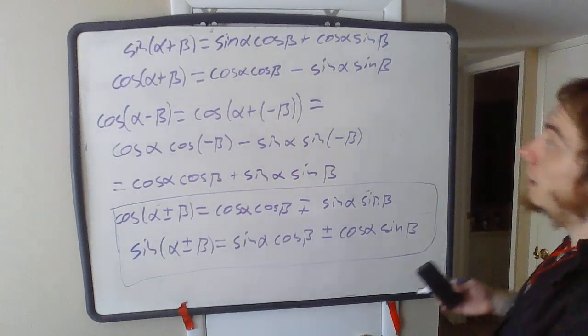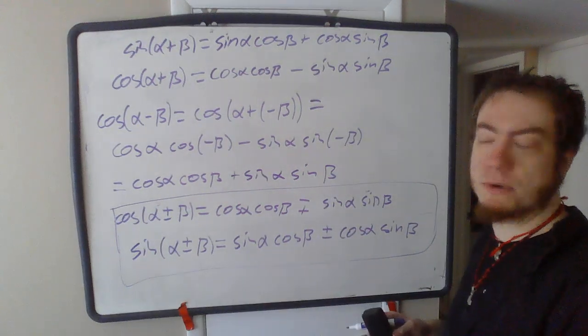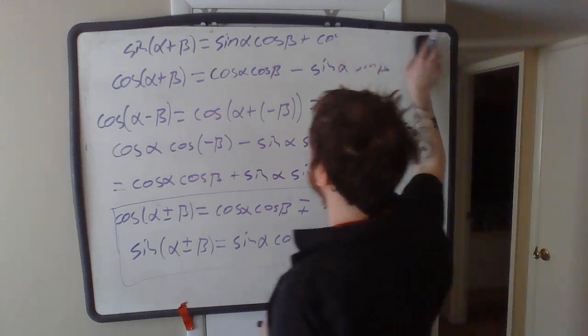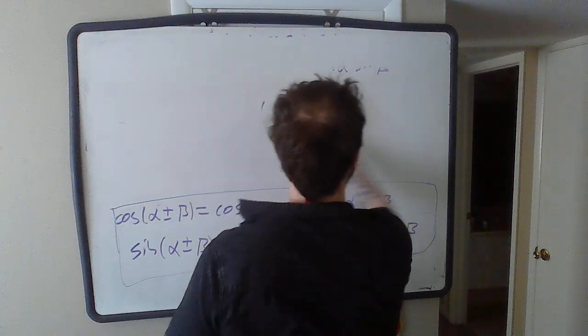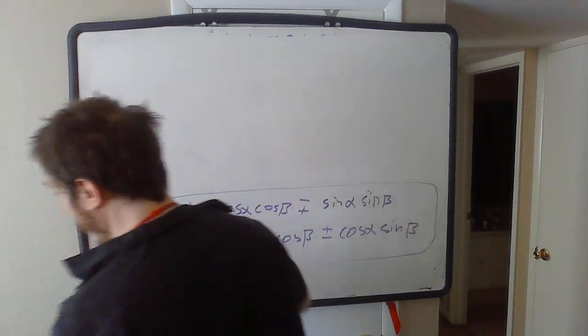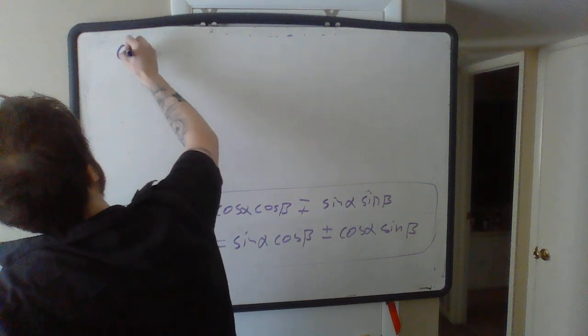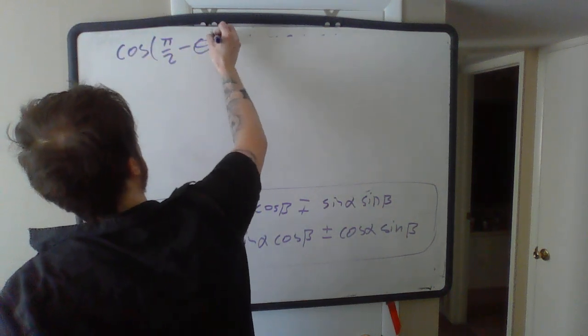All right, so sorry, I had to take care of something really quickly there, so I paused this. I want to show you an application of these things that you could also probably get from some fairly simple geometric argumentation. But let's suppose that I wanted to know, what is the cosine of pi over 2 minus theta?